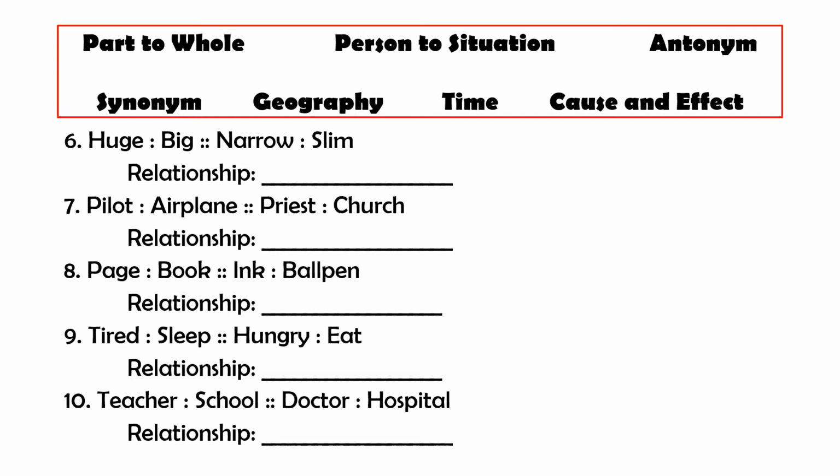Number 8. Page is to book as ink is to ballpen. Number 9. Tired is to sleep as hungry is to eat. Number 10. Teacher is to school as doctor is to hospital.